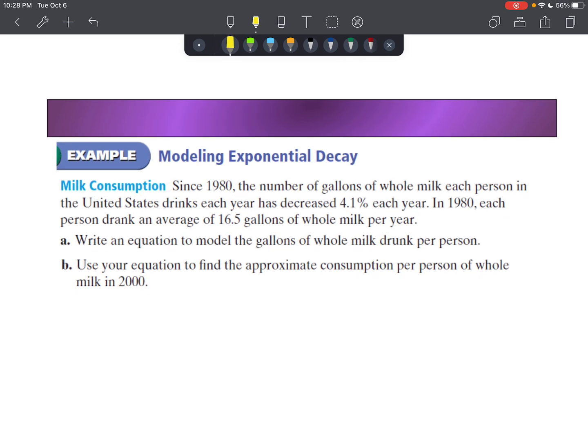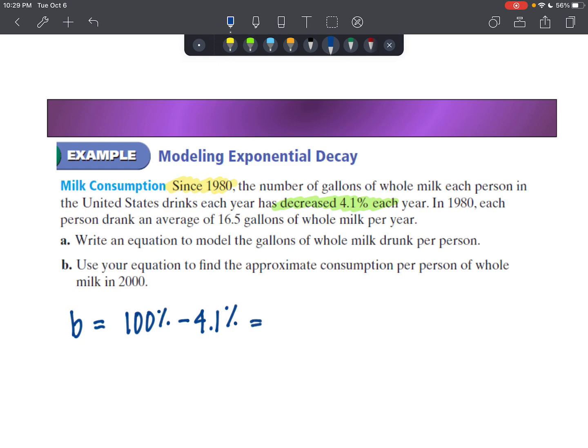So first of all, we're talking about since 1990. That's important for us to know. Next thing is that it's decreased by 4.1% each year. So our decay factor, so our B value, is going to equal 100% minus 4.1%.